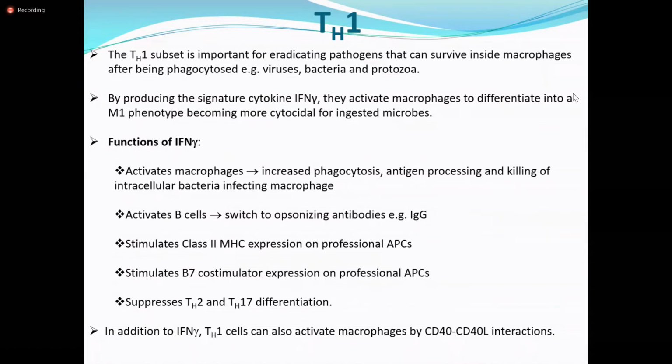This is particularly the case where these macrophages take in bacteria that can survive and escape from the phagolysosome, like mycobacteria, listeria, and so on. Without interferon gamma there, these pathogens can survive and replicate inside these macrophages. So interferon gamma is important for stimulating macrophages into what we call angry macrophages to directly kill intracellular phagocytosed microorganisms.